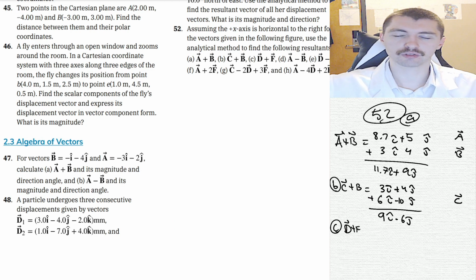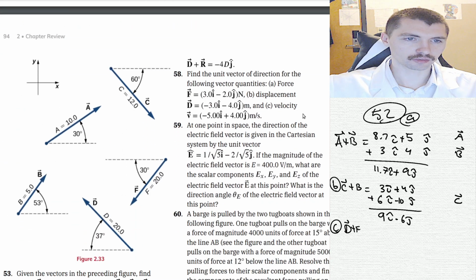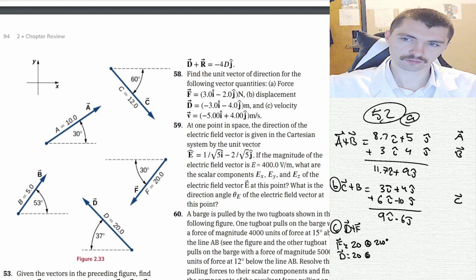D plus F, 3 minutes. So D. So we have F is 180 minus 40 is 140 plus 3. 143. 143 plus 37, 150 plus 30. It's 180. Okay.